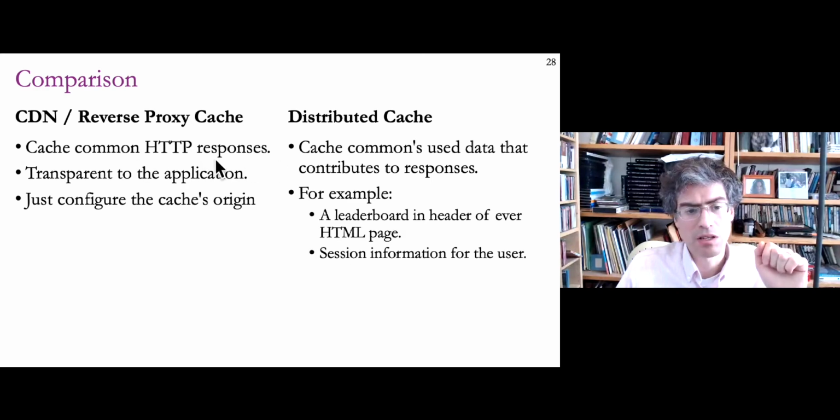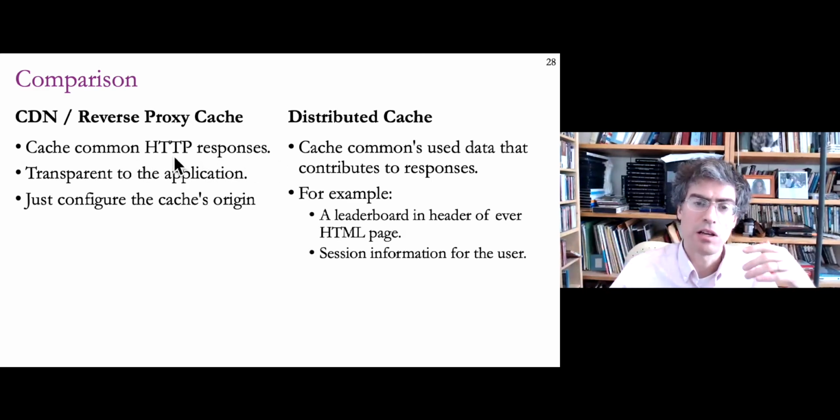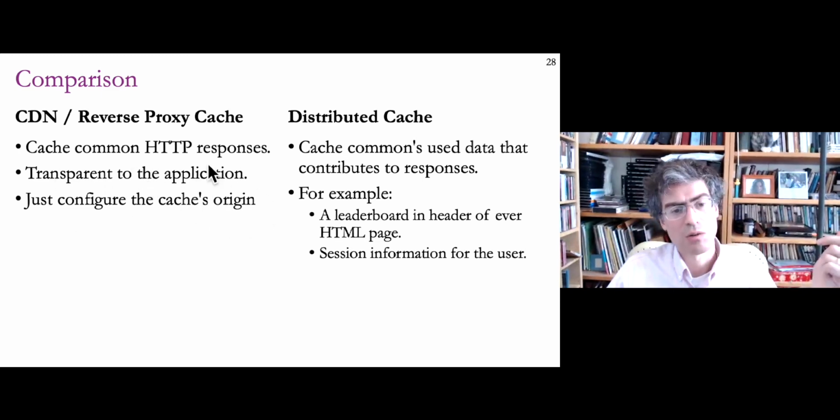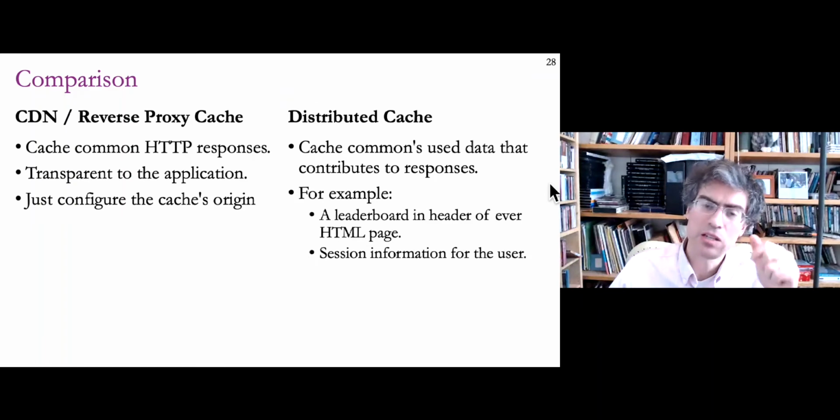They most commonly operate at the HTTP layer transparently, so you just insert them in the middle of an HTTP interaction between client and server, and they cache those responses. All you have to do is configure the cache's origin, and they work there. So they're transparent caches, and they're specifically oriented toward HTTP, whereas these distributed caches are managed at the application level.